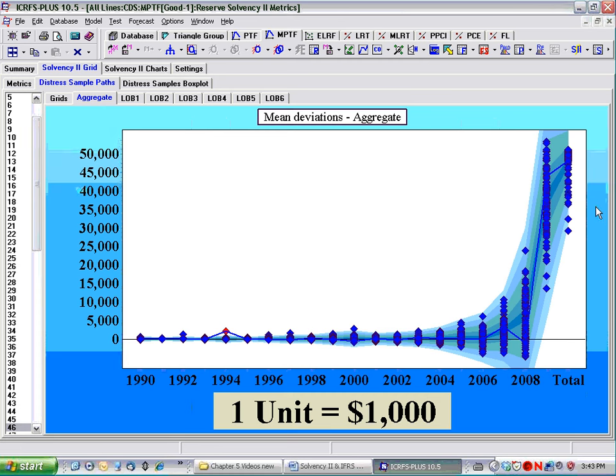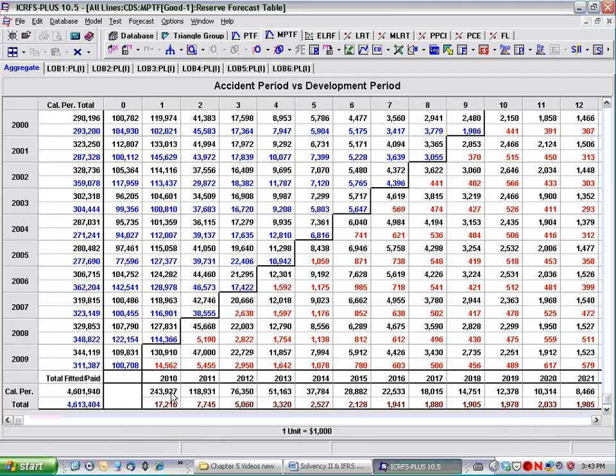So the mean deviations actually tell you, for instance, that to be in distress in the aggregate, for most of the samples, you're around $50 million away from the mean. So if I go back to the forecast table, the 99.5 percentile is around 293 million, so you're about 50 million away.